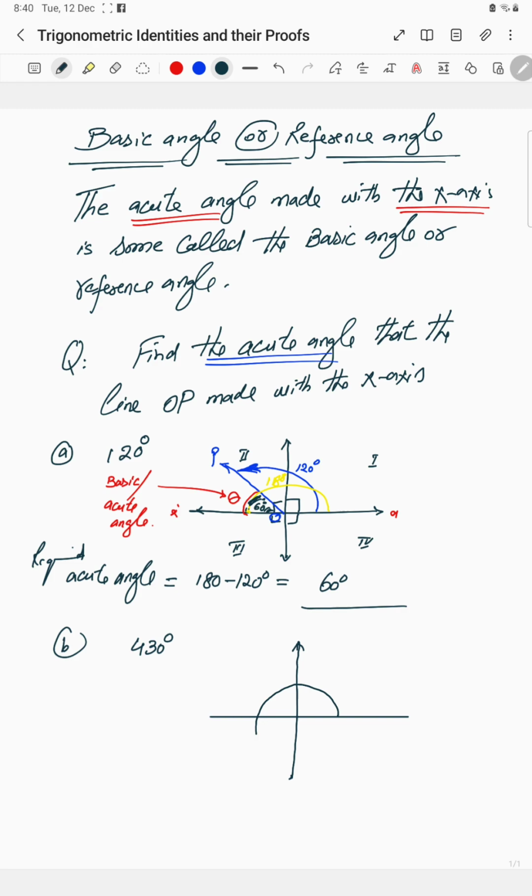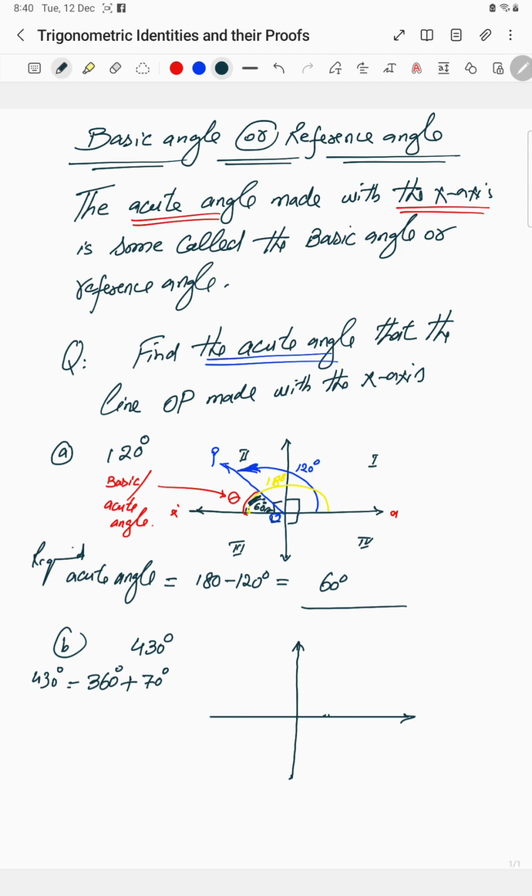Look at my orientation. Till here we got 360. I am going to start from here at 360, but I need more. How much more from 360? You can see first 360 plus 70 will make you 430 degrees, right?